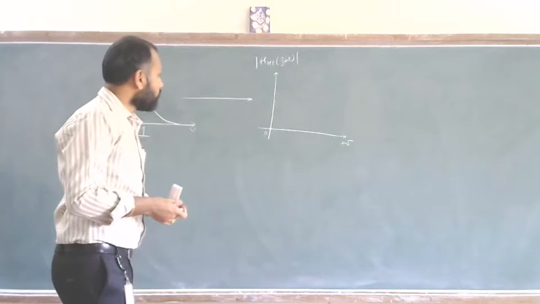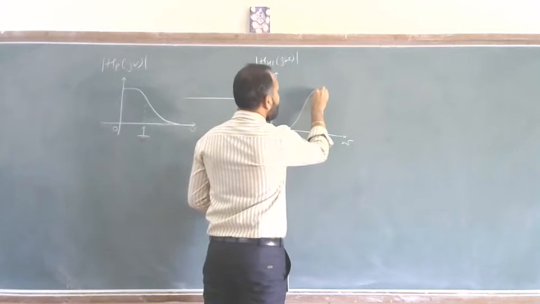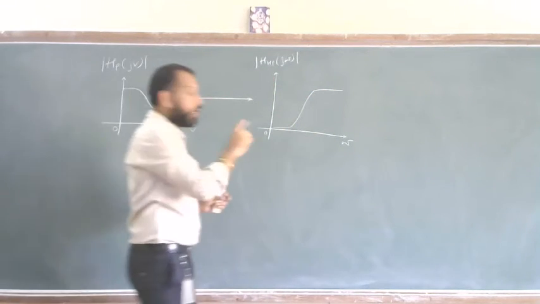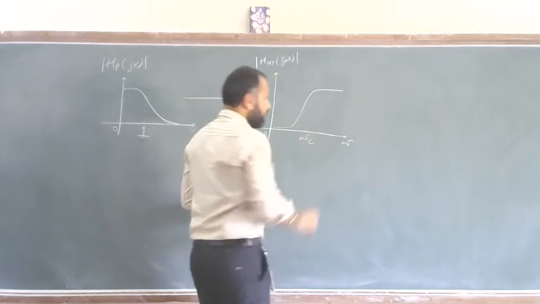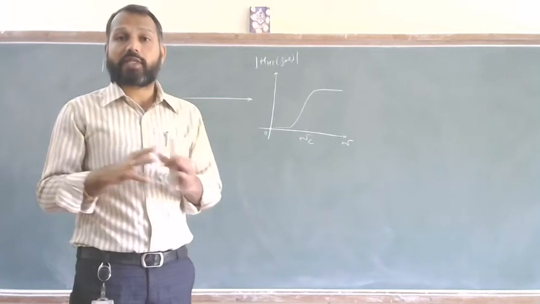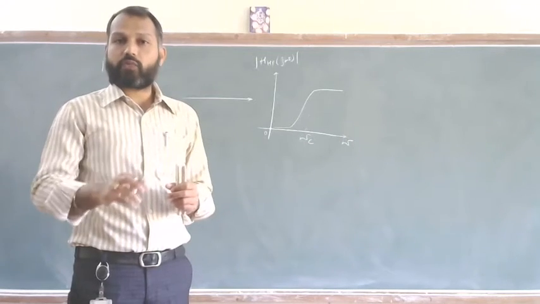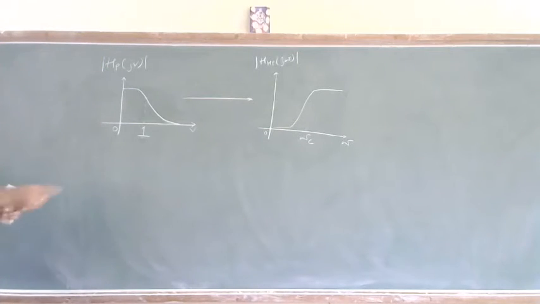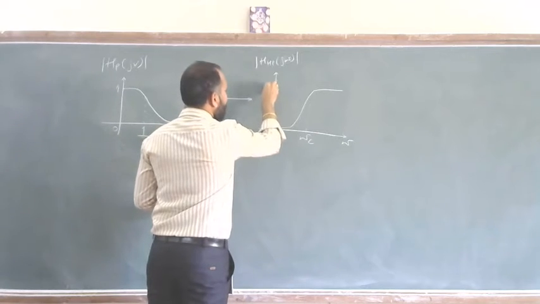You all know the frequency response of a high pass filter. The frequency response looks like this. But here the cutoff frequency, which will be somewhere around here, will not be equal to 1 radian per second, but will be specified as some value of omega c, which can be 1 radian per second. If it is 1, then it will be a prototype. The maximum gain will be 1.